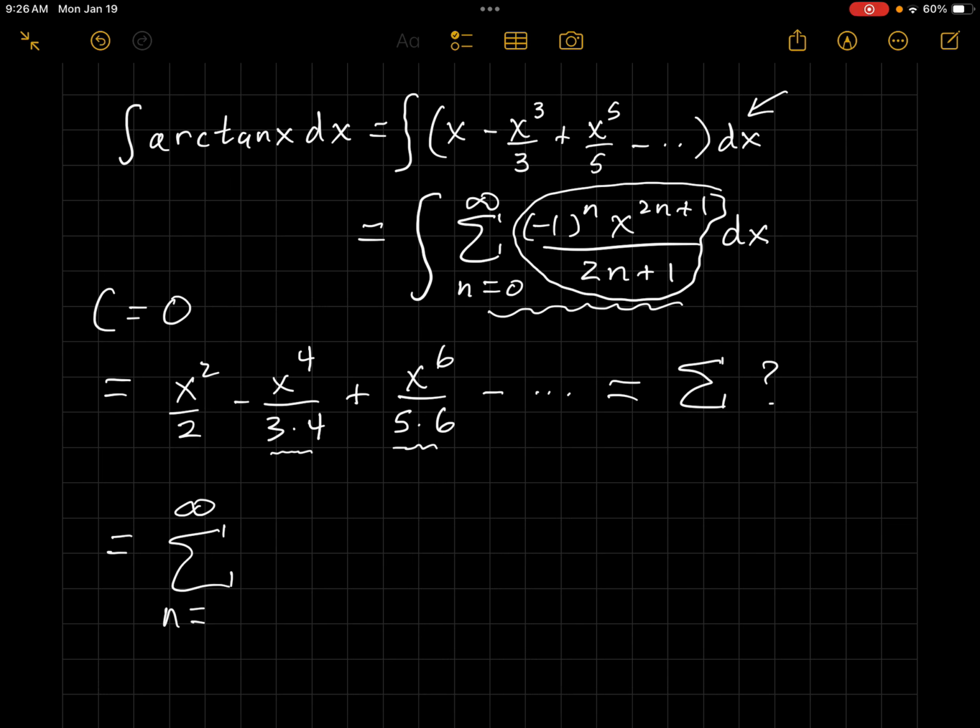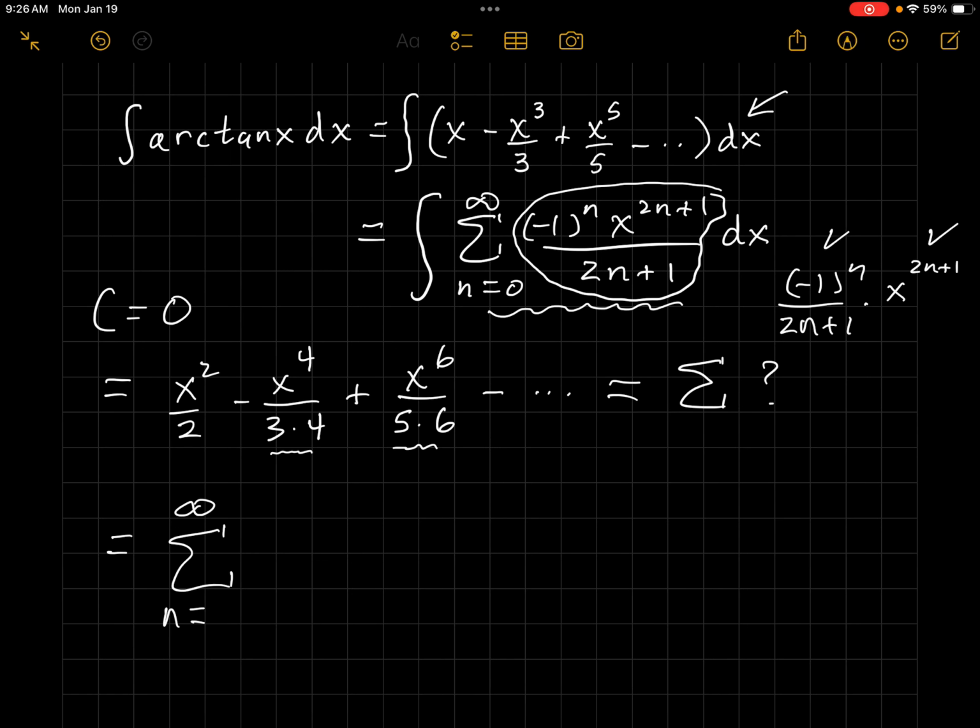Notice that I have a constant, (-1)^n over 2^n + 1, times x to a power. Now each term is a different constant times x to a different power, but it doesn't matter because I have a constant rule and a power rule that I'll do when I integrate.